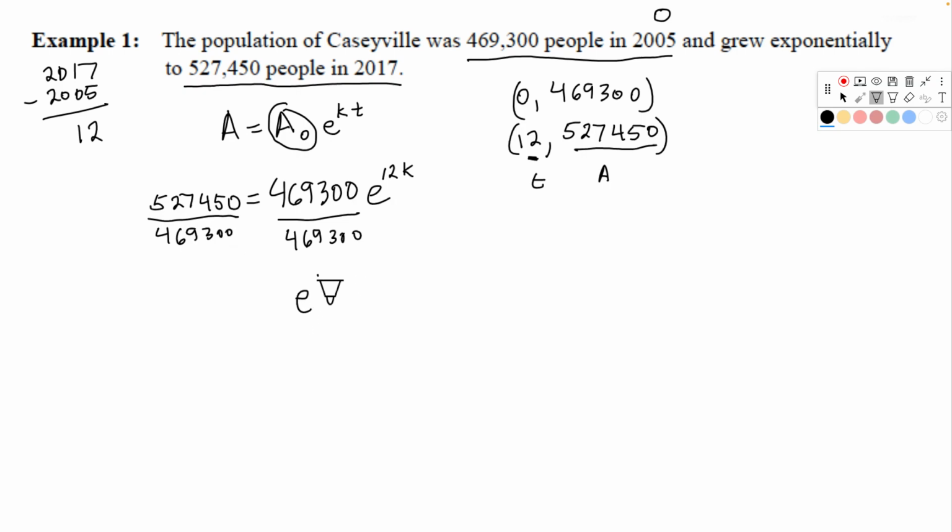So we get e to the 12k equals some value. I guess I'll just use 527,450 divided by 469,300, and I come up with 1.12390.